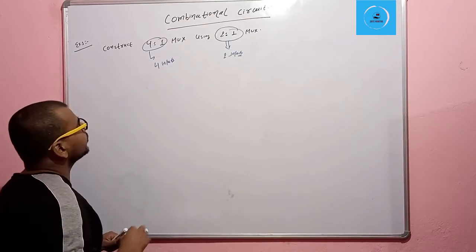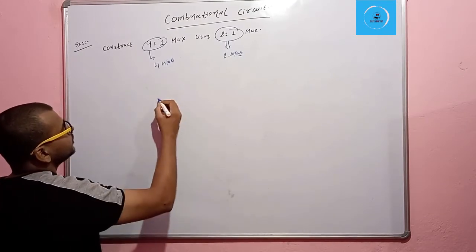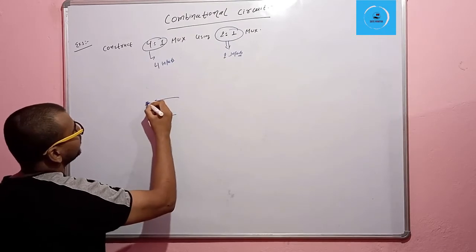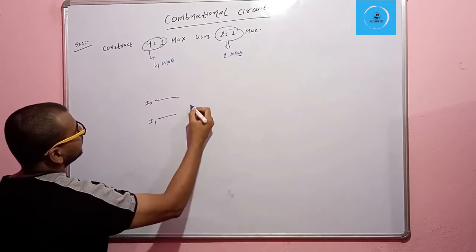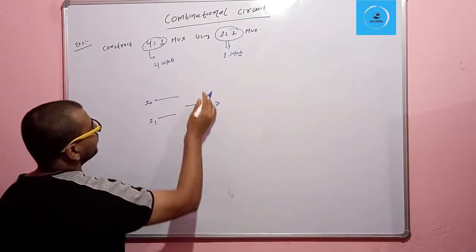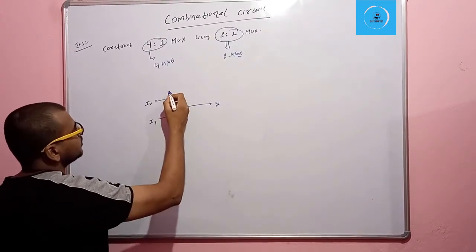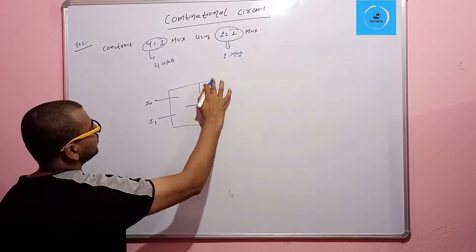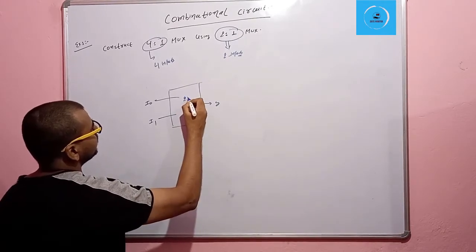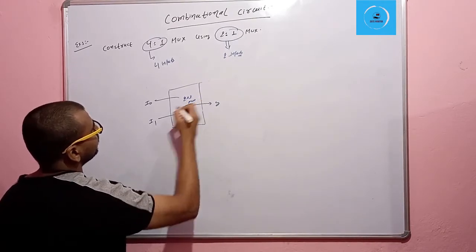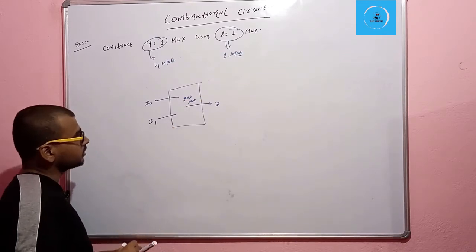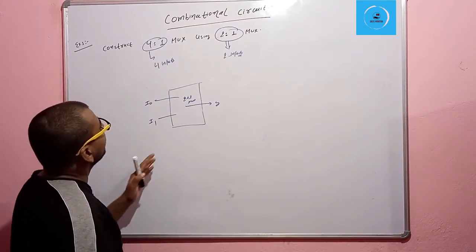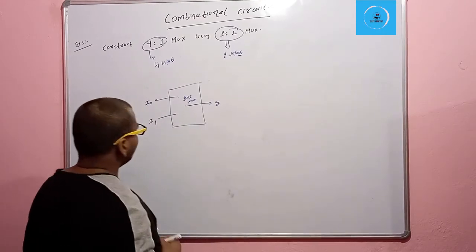So for getting the 4 inputs, we have only these 2 lines, I0, I1, and here is the select line. For this we call it the 2 to 1 mux. Using the 2 to 1 mux, we have to build the 4 to 1 mux.